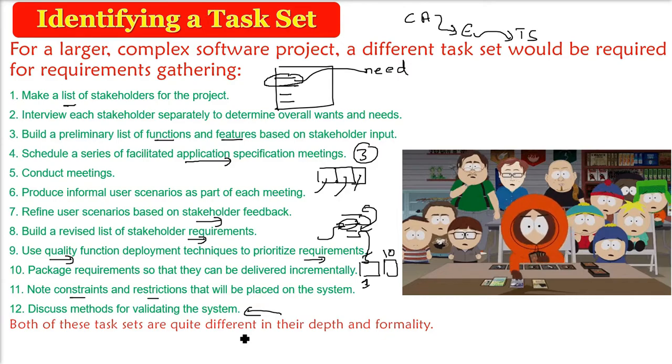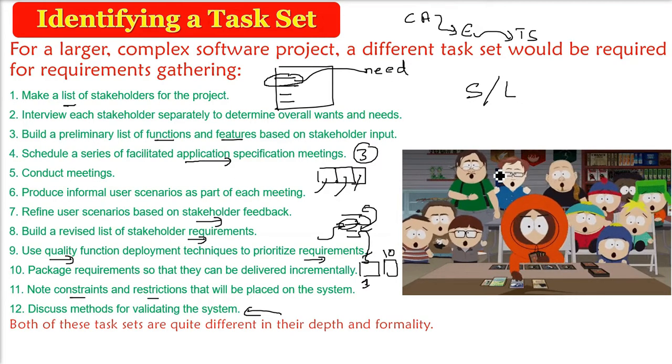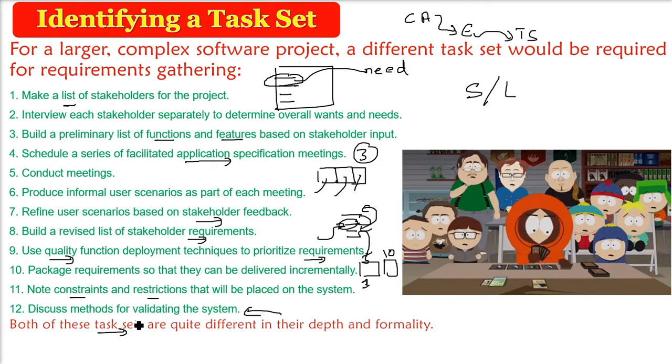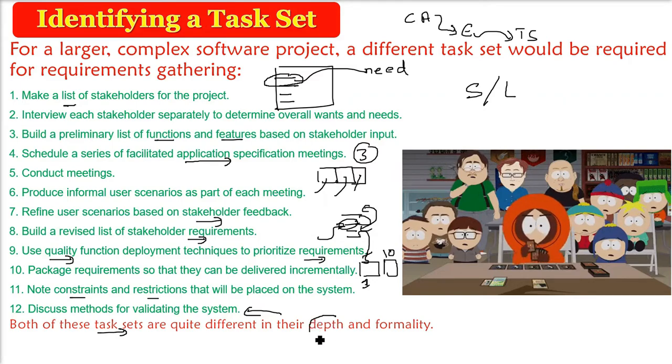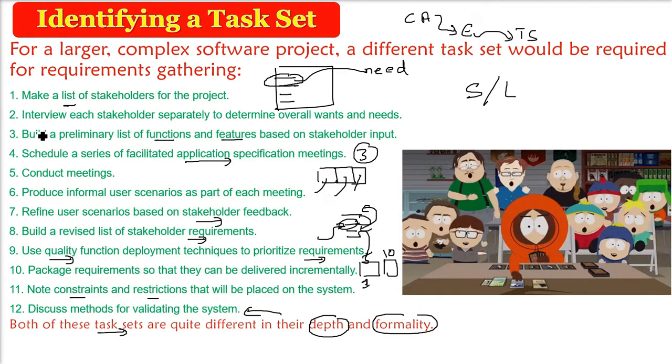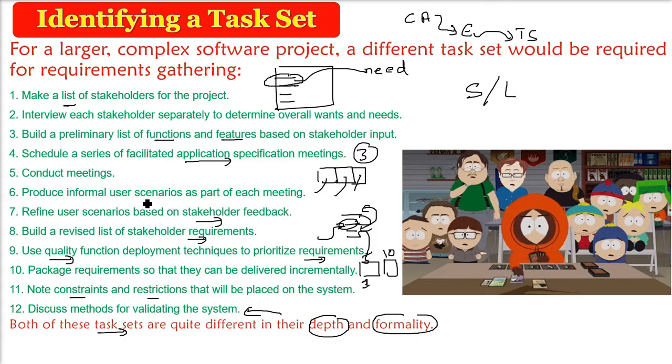So this is the whole task set for a large product. We talked about small. Both of these task sets, small and larger, require different depth and also formality. You saw how we approach differently if the project is small or big.